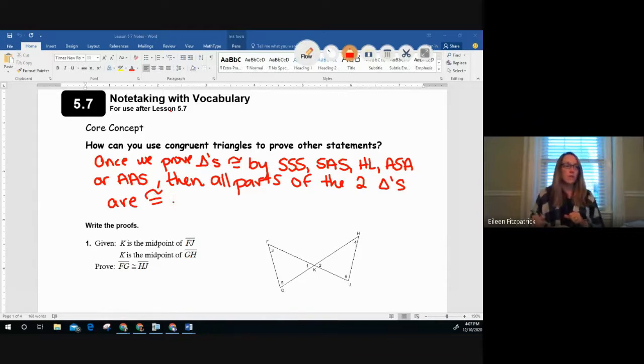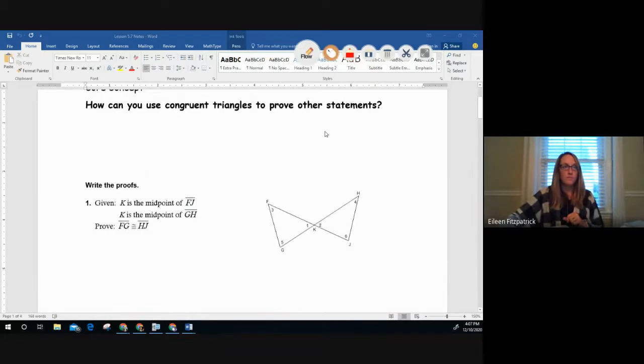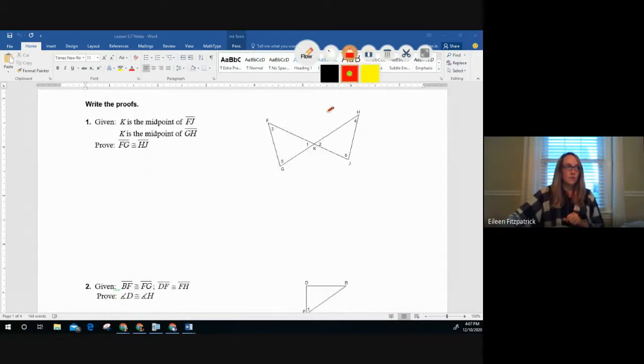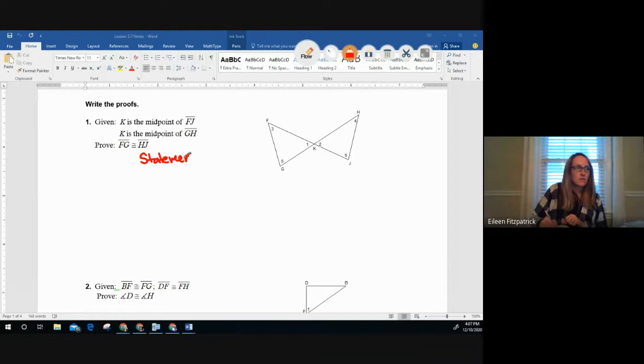Okay, so we're going to jump right into our first proof. Today we're just doing a bunch of proofs together. All right, so the first proof, I'm going to set it up with statements and reasons. The first statement is always a given, as we know.